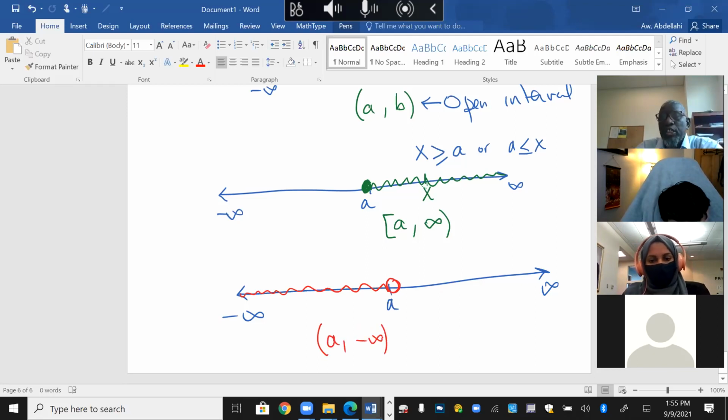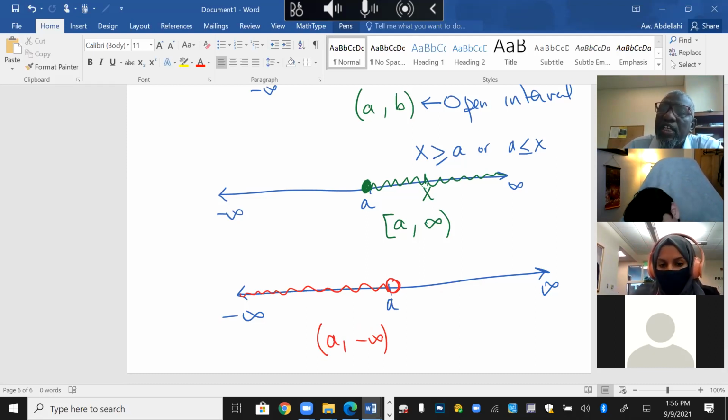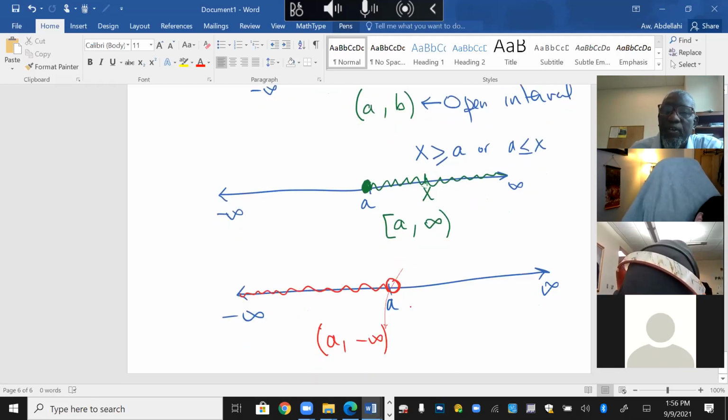It's very good you gave me that answer because this will allow me to point out something. Negative infinity never comes last. Negative infinity always comes first. Infinity never comes first. Infinity always comes last, okay? Because remember, we describe the intervals from left to right, always.